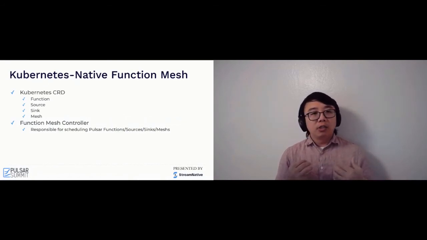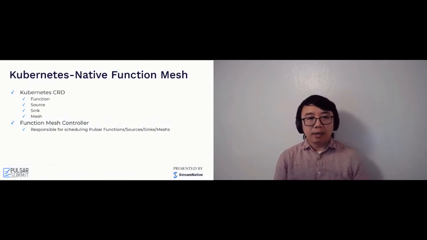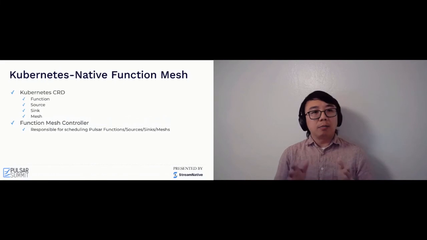Can we just create function, source, sink and also the mesh as a CRD? For people who don't know CRD, it is a Kubernetes custom resource definition.